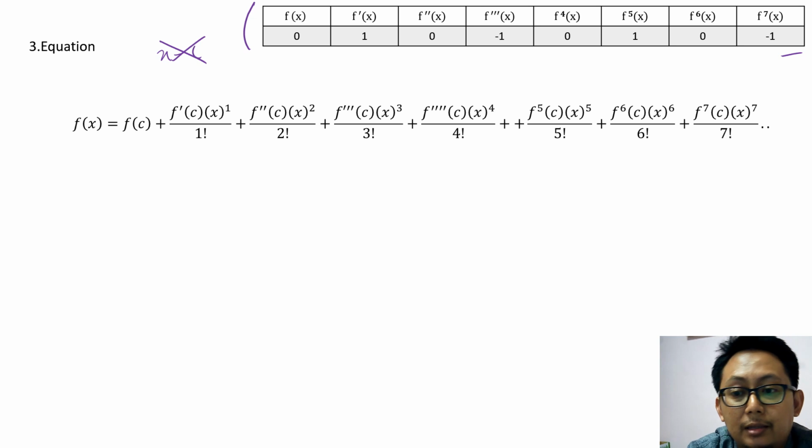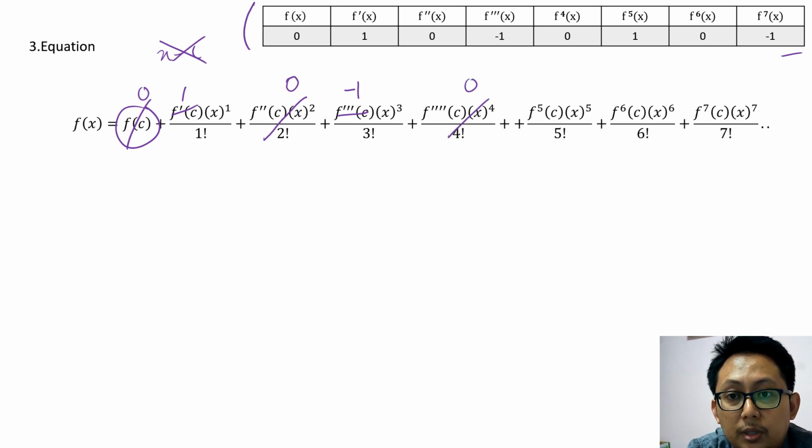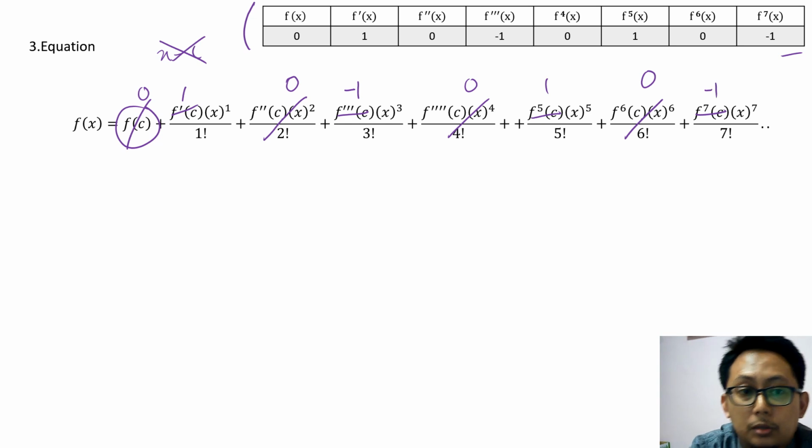So we can substitute: f(c) is equal to 0, f prime(c) is equal to 1, f double prime(c) is equal to 0, which means everything here is 0. For the third differentiation it is minus 1. For the fourth it is 0, so everything is 0 here. The fifth will be 1, the sixth will be 0, and the seventh is minus 1.